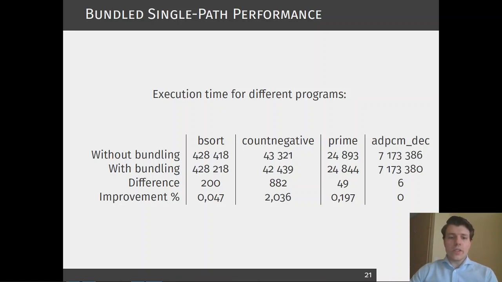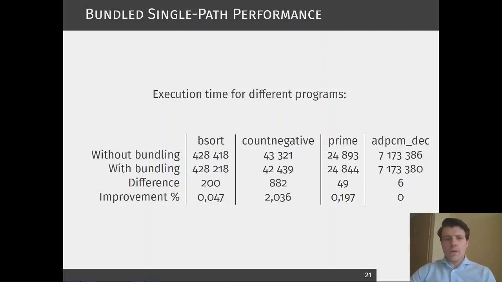The second row is when bundling was enabled, and we can see that the number of cycles is reduced. The third row is just the difference between the first 2, and the fourth row is the difference in performance in percentages. So for example, for count negative, the third column, it had a 2% performance increase, so not very much.